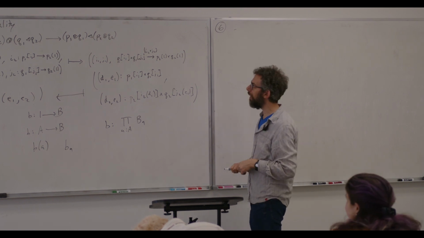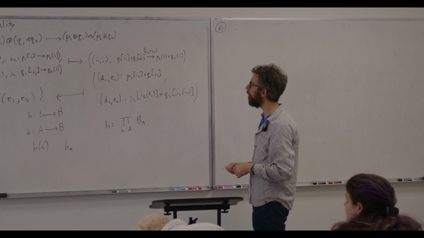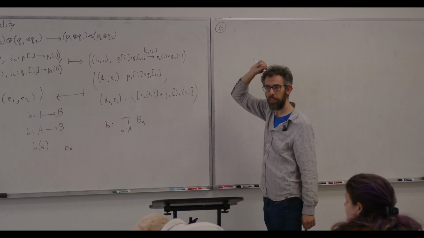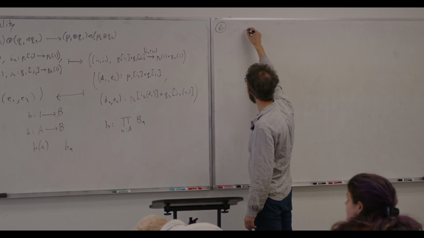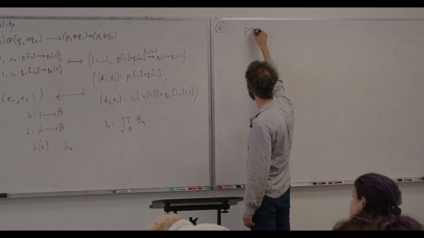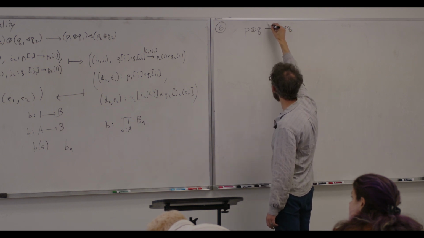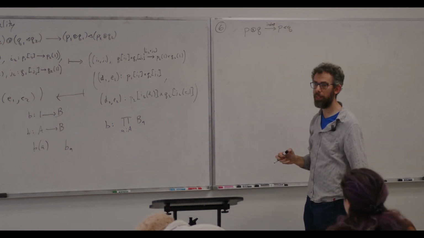You could try, but there's another one that does have nice properties, which is composing. So what I want to say next is that there's a map from P tensor Q to P tri Q, and I call it indep for independent.